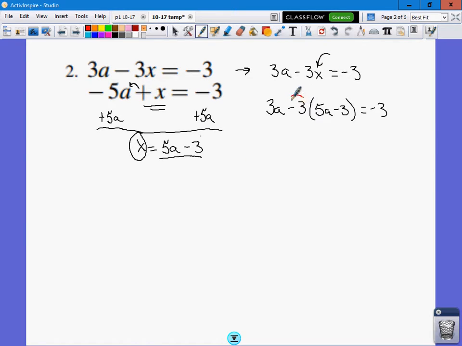The next thing I'm going to have to do is distribute, and you notice I've attached that negative to that 3. I've got to distribute that -3 through the parentheses. -3 times 5a is -15a. -3 times -3 is +9.